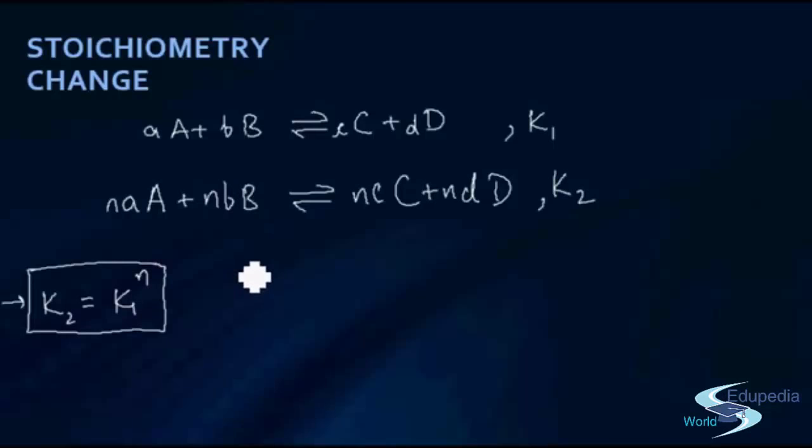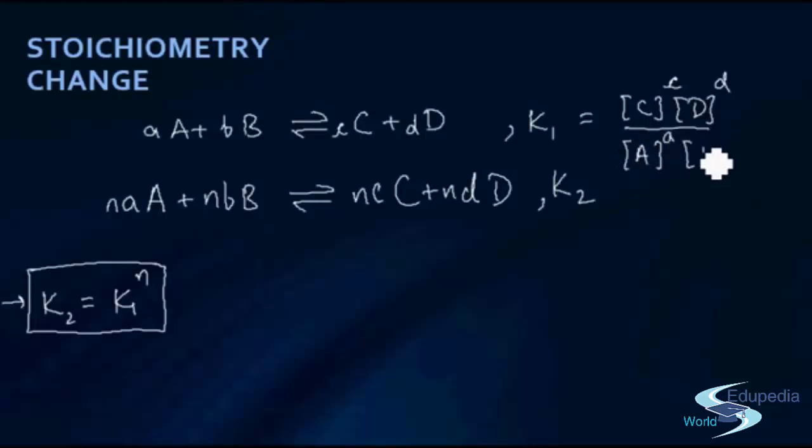It's pretty simple. K1 we can write as concentration of C raised to power c, concentration of D at equilibrium raised to d, divided by concentration of A at equilibrium raised to power small a, and concentration of B at equilibrium raised to power small b. What about K2?